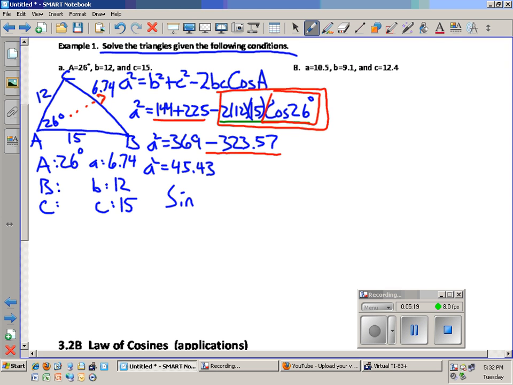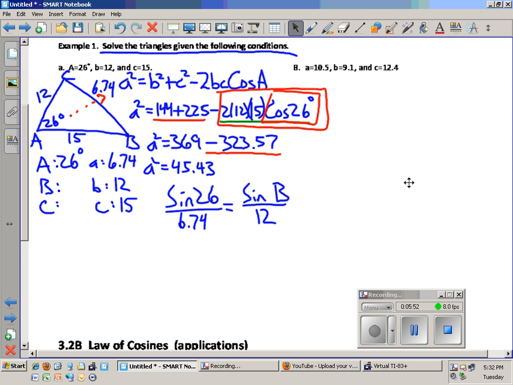So the sine of 26 over 6.74 is equal to the sine of B over 12. Now that we have this, we could solve for it accordingly.